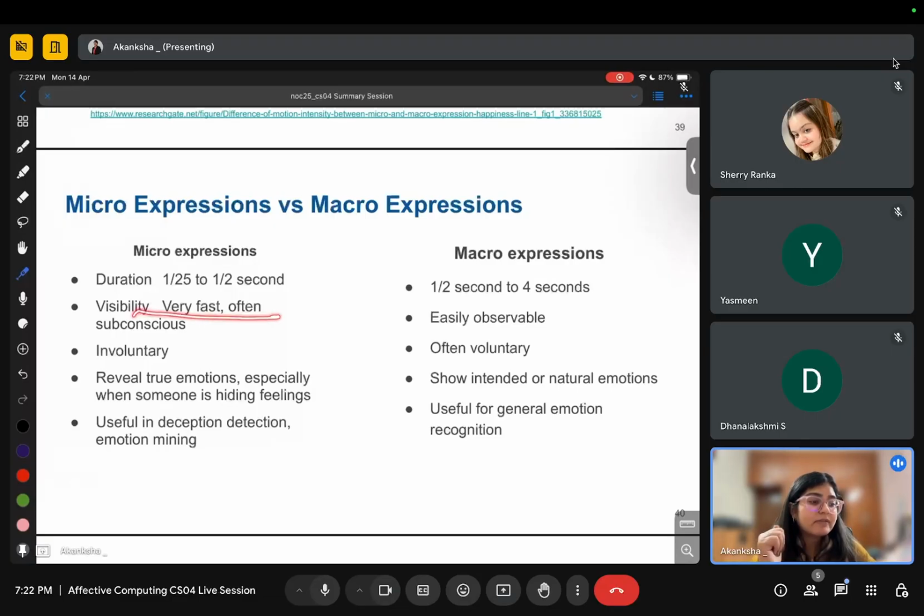Visibility, micro is very fast, often subconsciously we don't even know, and micro expressions can be used in cases of, let's say, lie detection, because this is involuntary. You can control your laughter, you can put up a very serious face, but you cannot control your micro expressions that much. It is involuntary, while macro is often voluntary, okay. It reveals the true emotions, especially when somebody is hiding feelings. It is useful in deception detection, and this is in general emotion recognition, okay.